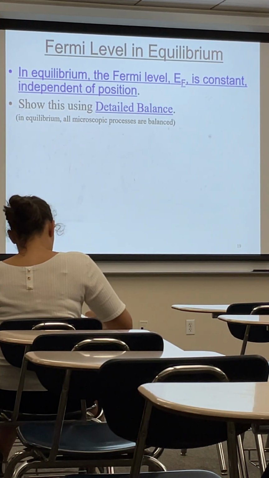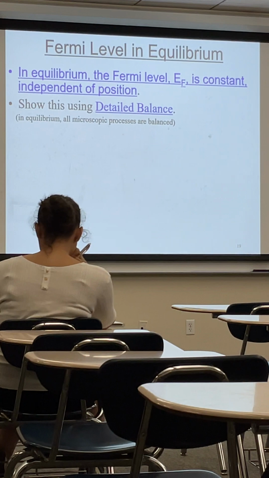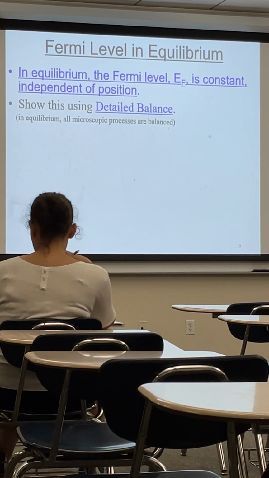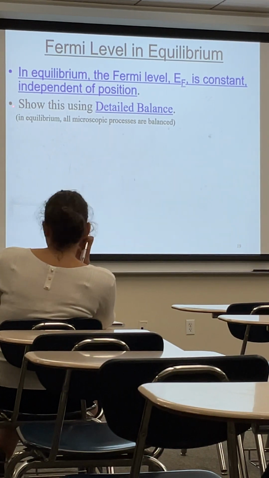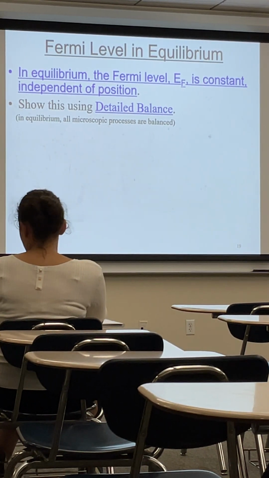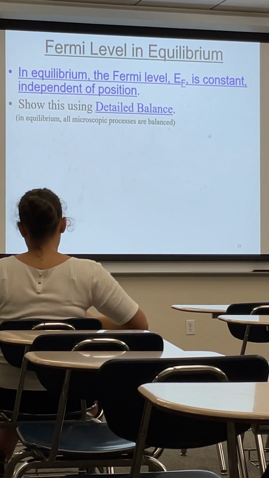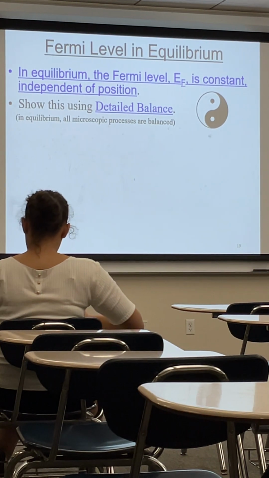So now let's try to prove this. I just wanted to show you the conclusion first, then let's try to prove it. To prove this statement, we need to use the so-called detailed balance. It means that in equilibrium, all these microscopic processes are balanced, which is very similar to the Chinese philosophy of yin and yang, right?